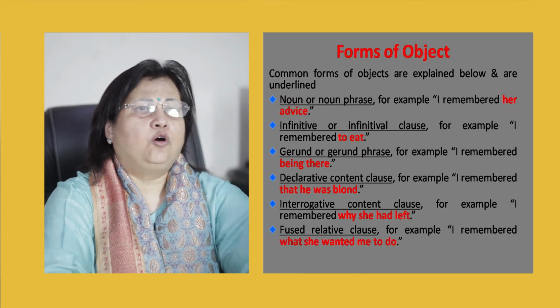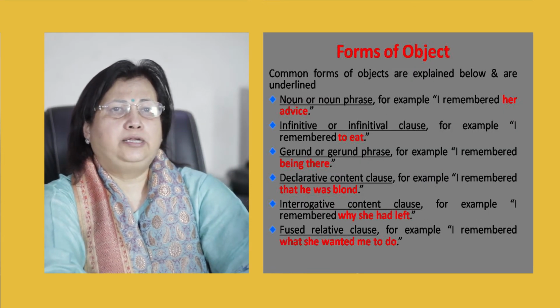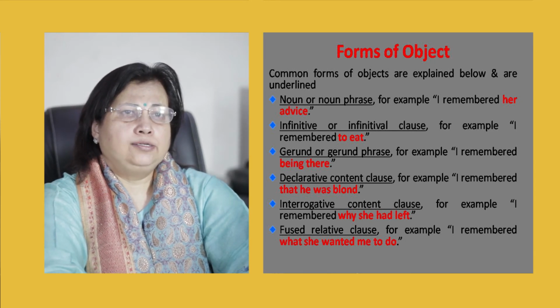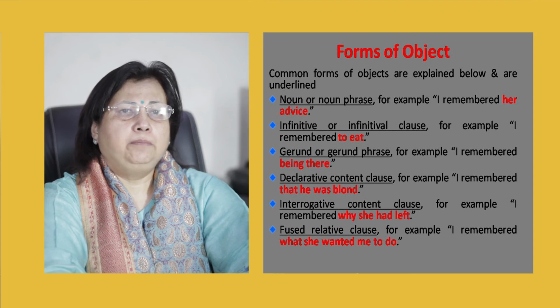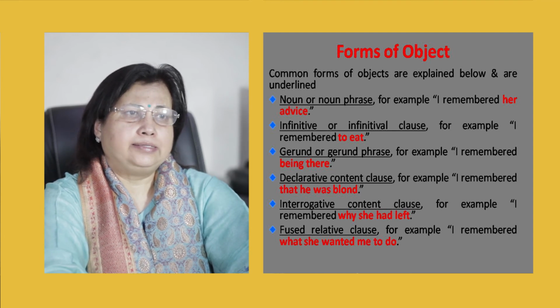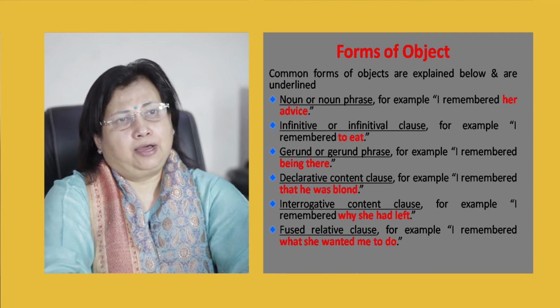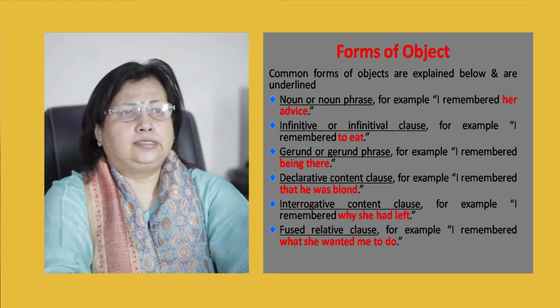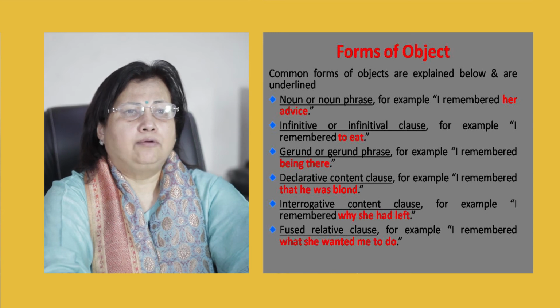Forms of object. Common forms of object are explained below and are underlined. Noun or noun phrase, for example, I remembered her advice. Infinitive or infinitive clause, for example, I remembered to eat. Gerund or phrase, for example, I remembered being there.